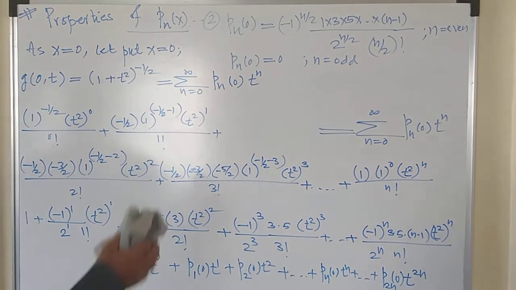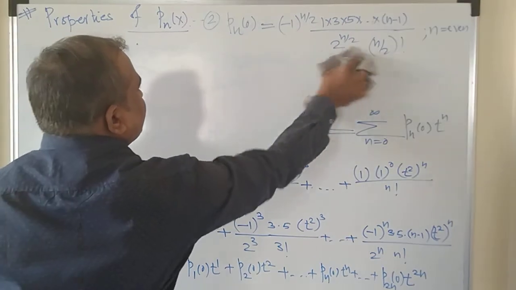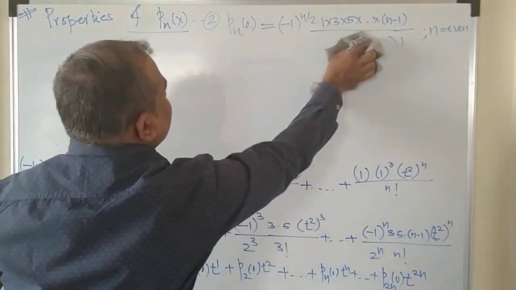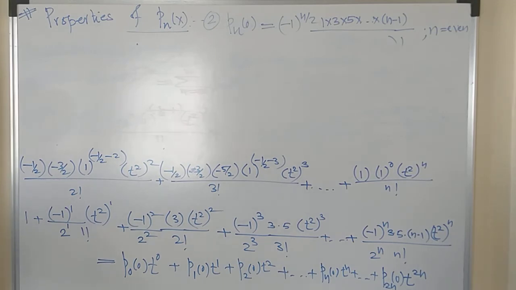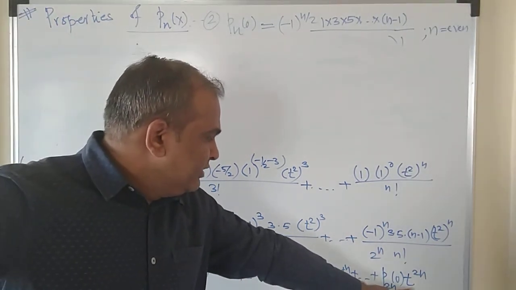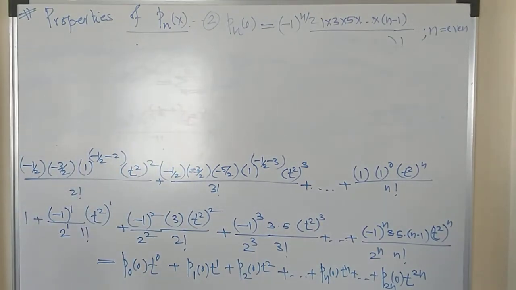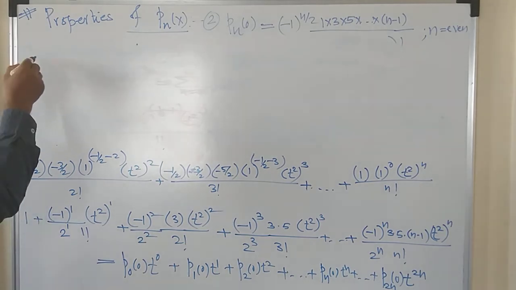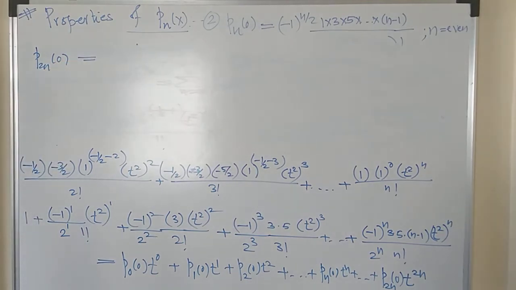Now compare P2n of 0. P2n of 0 is the coefficient of t raised to 2n, and the t raised to 2n coefficient is this, minus 1 raised to power n. So by comparing, P2n of 0 is equal to the coefficient of t raised to 2n.